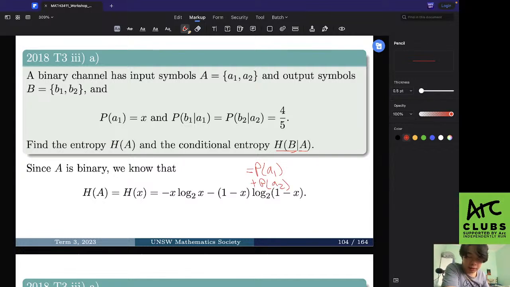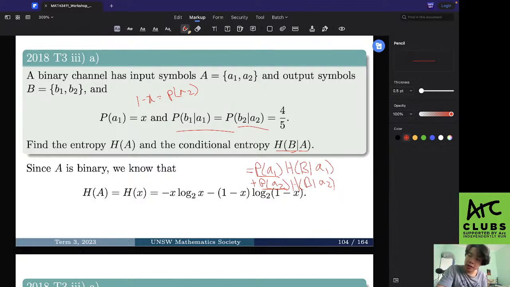And for each, we would calculate the entropy of the output given we know what the input is, which is B1 and B2 respectively. And the reason why this is so useful is because the first thing is we know what PA1 and PA2 are, right? PA1 is X, so PA2 is 1 minus X. But the second thing we know is these two values.